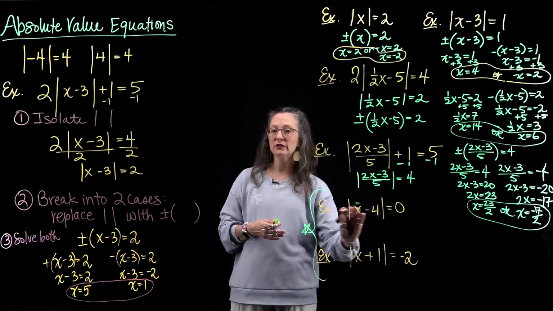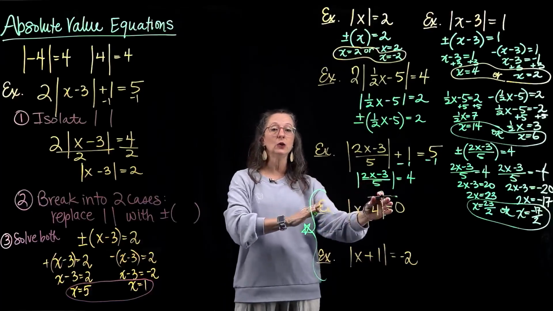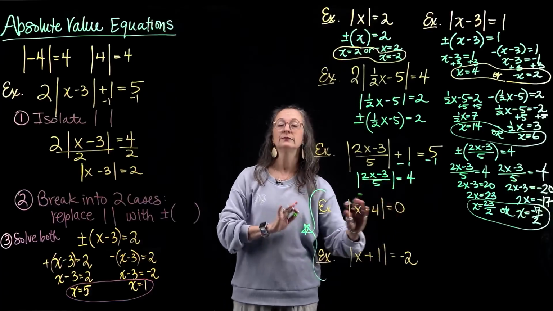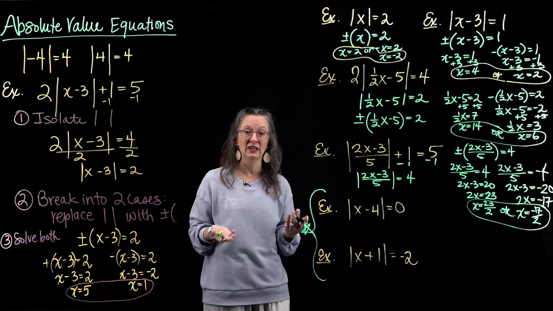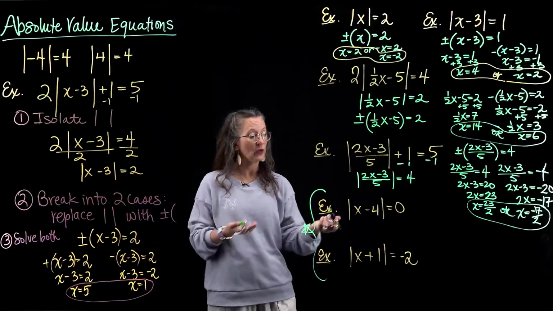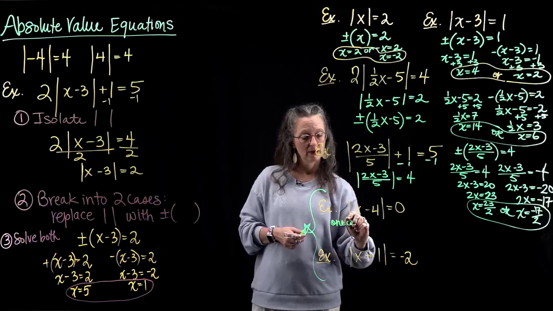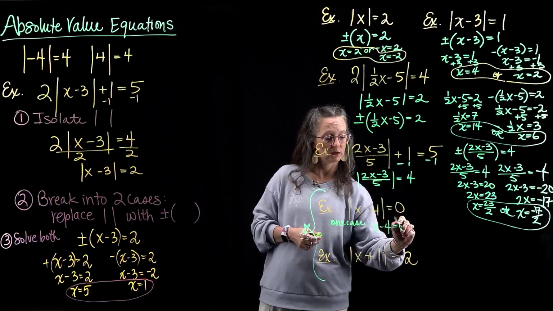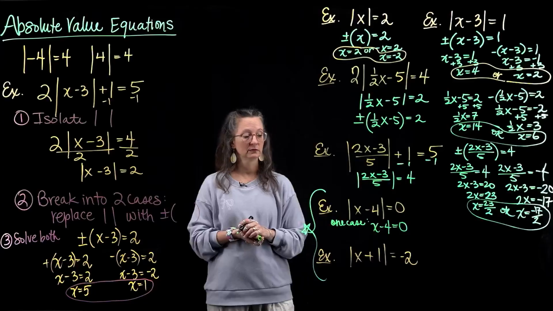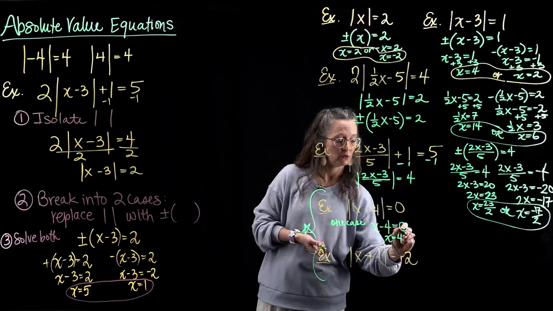Now, it might not look like this to begin with, but if we get the absolute value equal to 0, we are in a weird case. I can't do positive and negative of 0. So the only case that we have is that x minus 4 is equal to 0. And so therefore x is equal to 4.